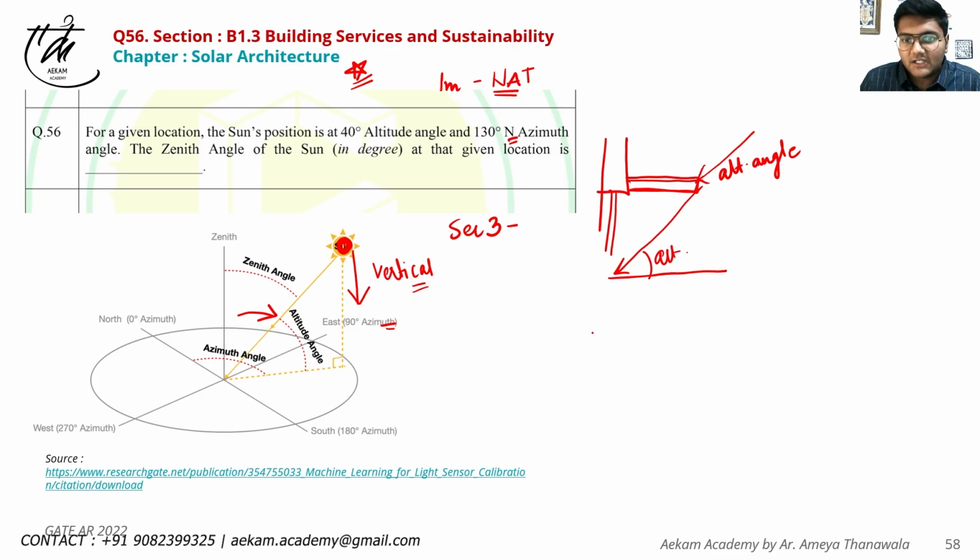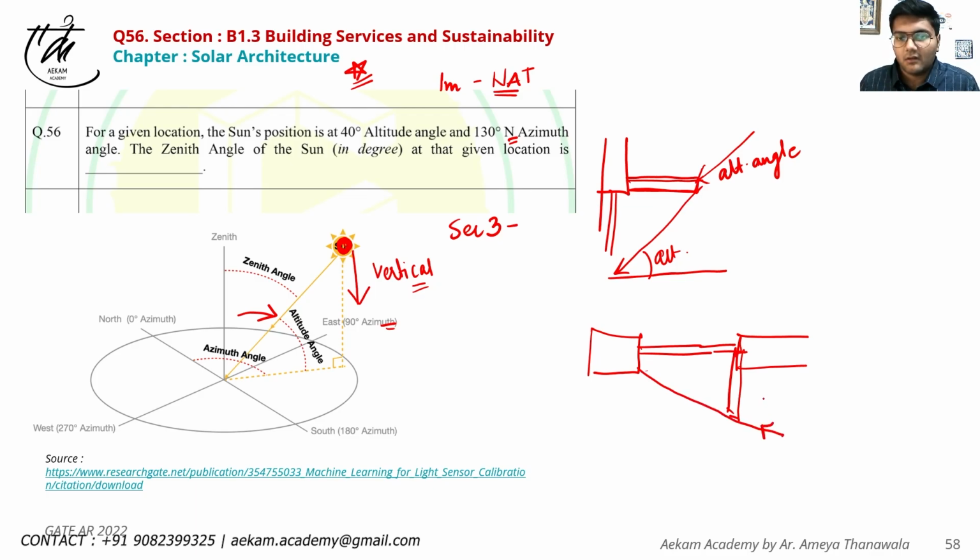And whenever you're working, say with fins, suppose this is your window in plan and you have to design a shade here. So you will be working with the azimuth angle.